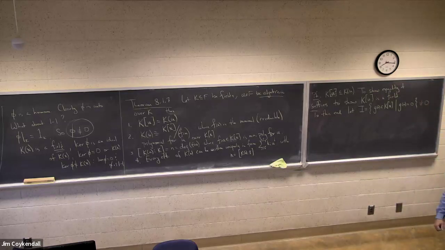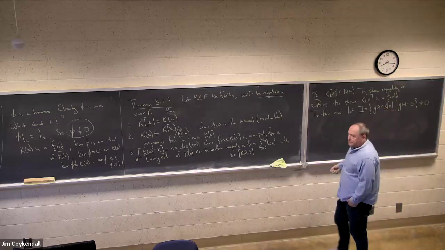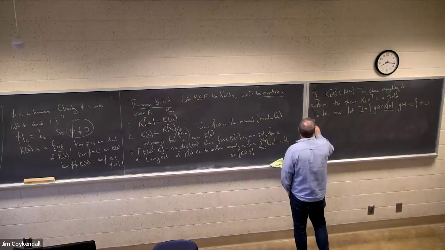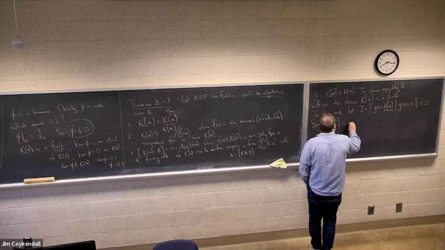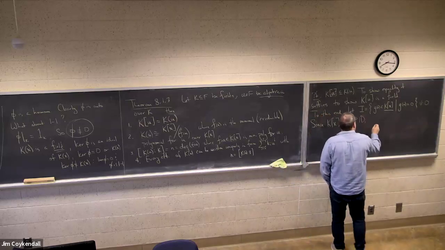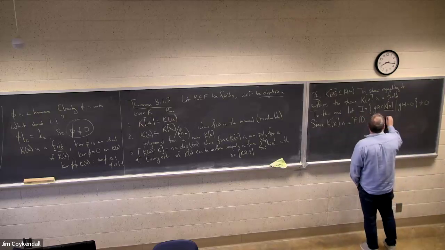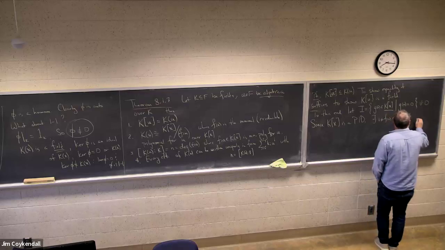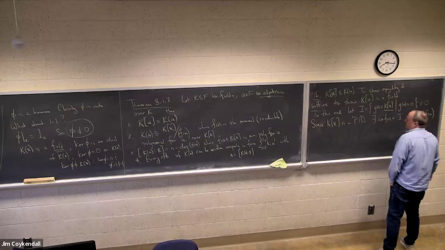Okay, and so what do we know about the structure of K[x]? It's a principal ideal domain. There exists f of x, not 0, in I, such that I is generated by f of x.